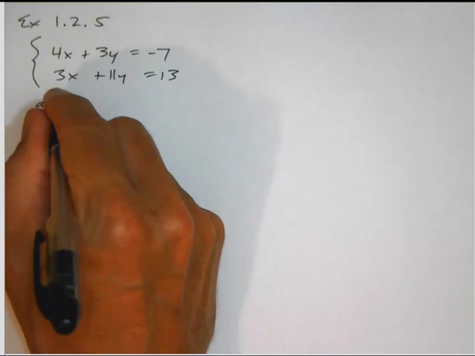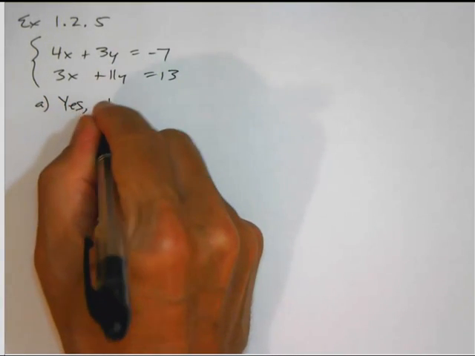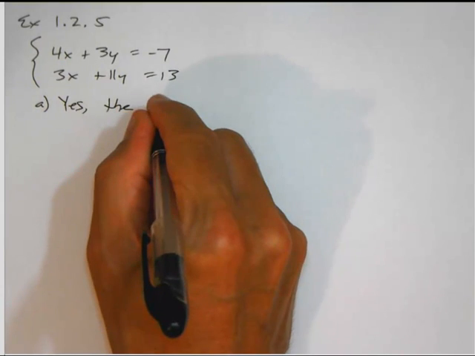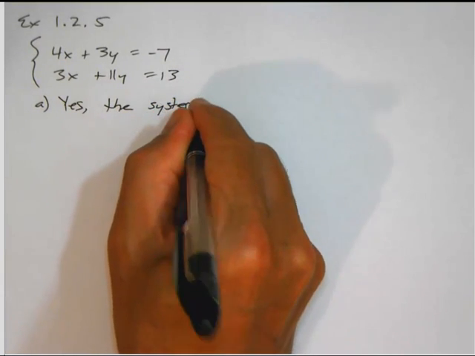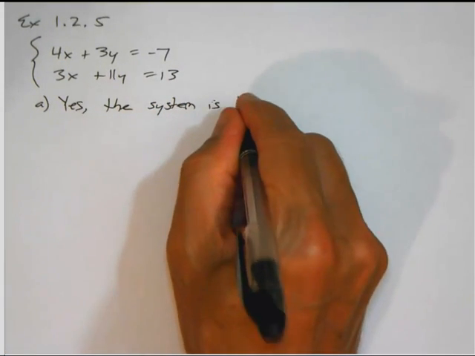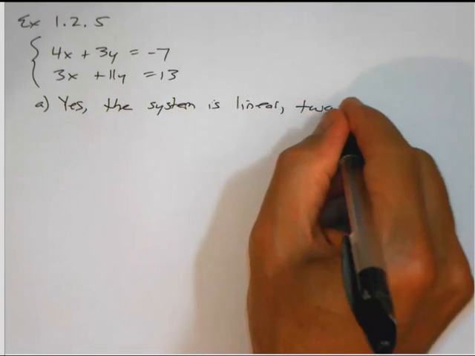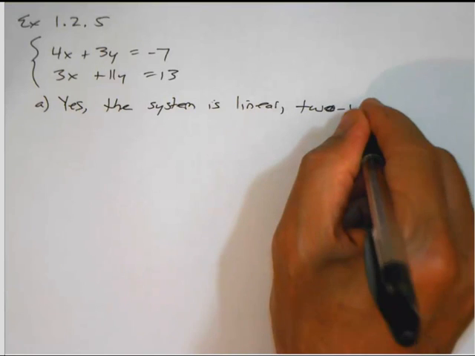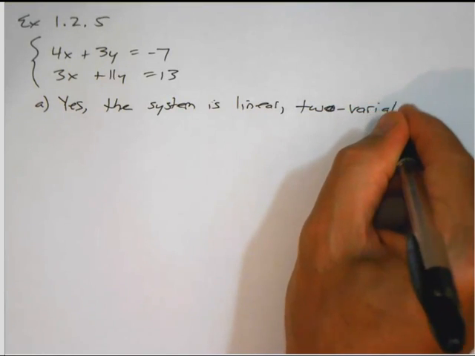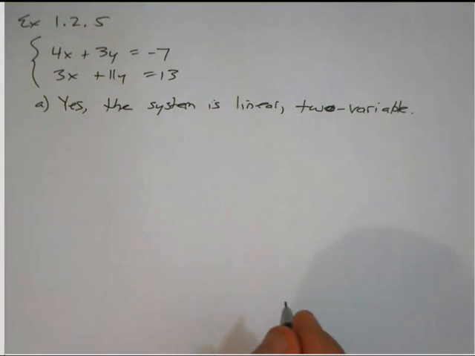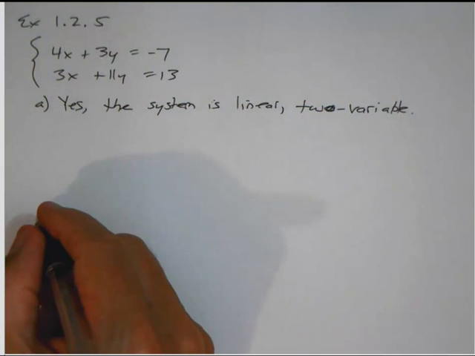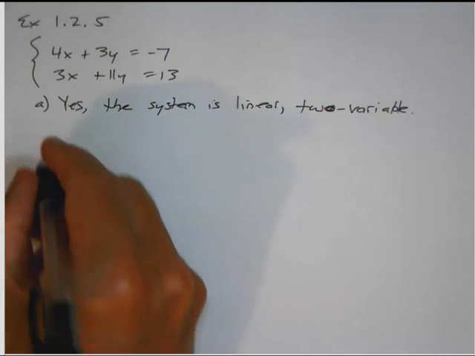So A, yes, the system is linear two variables. Okay, and this means we are responsible for solving the system with the TI-84 Plus.